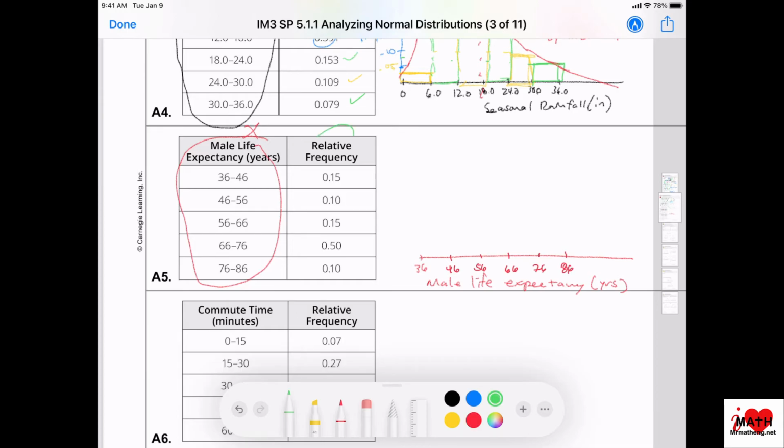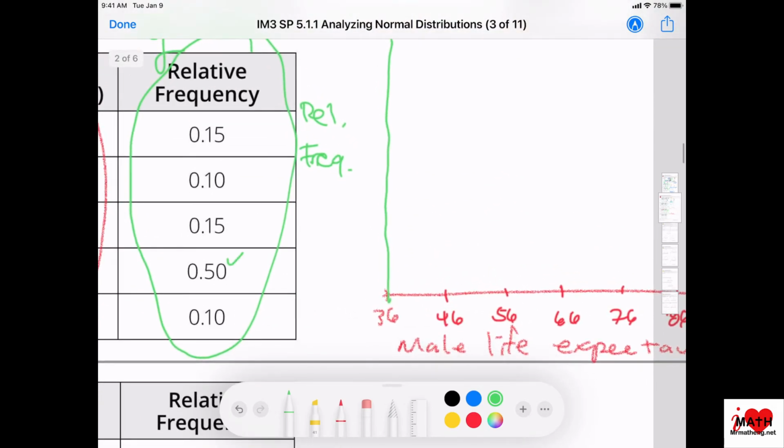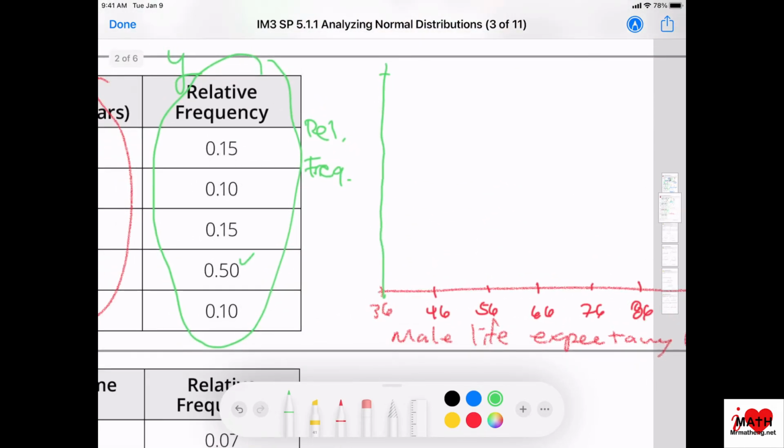And then I'm going to do on this green the y-axis, which is relative frequency. And again, locate the highest number, which would be 0.50. And you can just count by 10, 20, 30, 40.